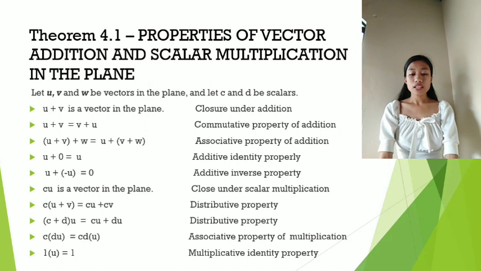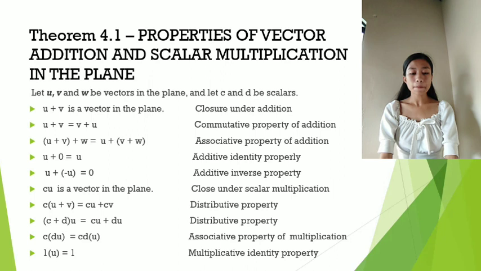This is closure under scalar multiplication. Then for number 7, c times the quantity u plus v is equal to cu plus cv. So this is a distributive property.